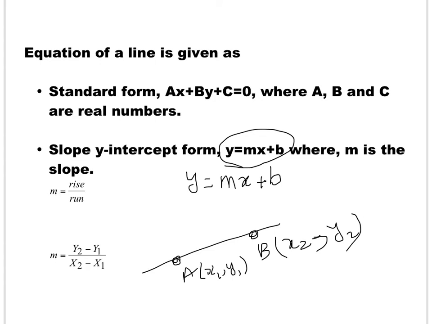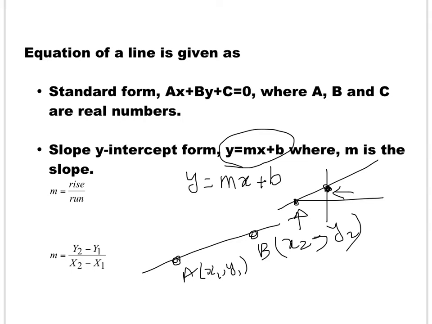If you remember, the y-intercept is where the graph crosses the y-axis. This point, where it crosses the y-axis, is called the y-intercept, which is b. What do you call this point? You call it the x-intercept. This is the y-intercept, which is b in the formula.